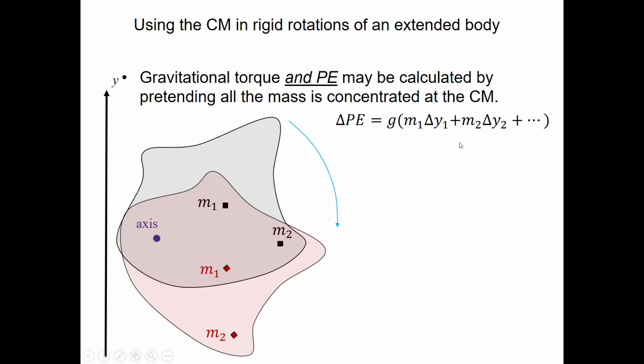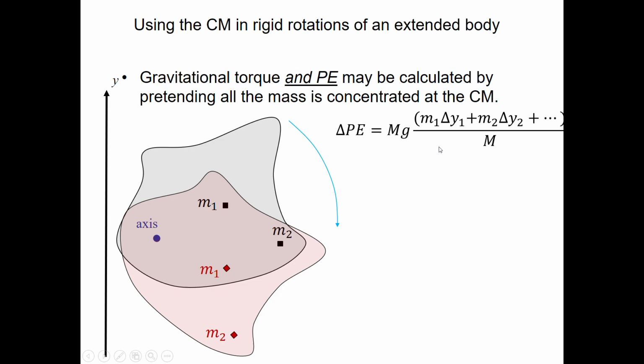And because what's left in the parentheses looks like it's related to the y-coordinate of the center of mass, I'm going to take this expression and multiply by the total mass of the object and divide by the total mass of the object. And of course that doesn't do anything. We're always welcome to multiply by m as long as we divide by m in the same expression.